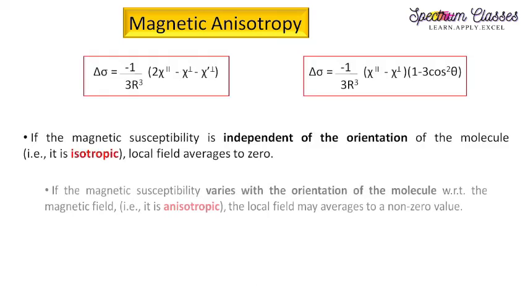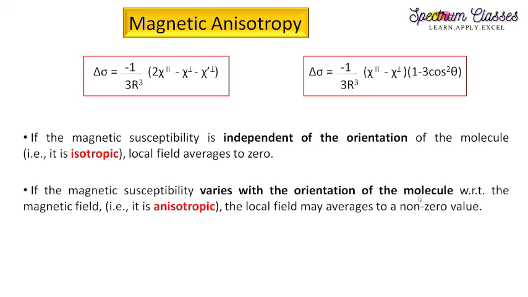If it varies with the orientation of the molecule, as I told you earlier, if an effect is different in different directions or varies with the orientation of the molecule with respect to the magnetic field, then that is called anisotropic. The local field may average to a non-zero value. So here the neighboring group effect is important; it plays an important role.